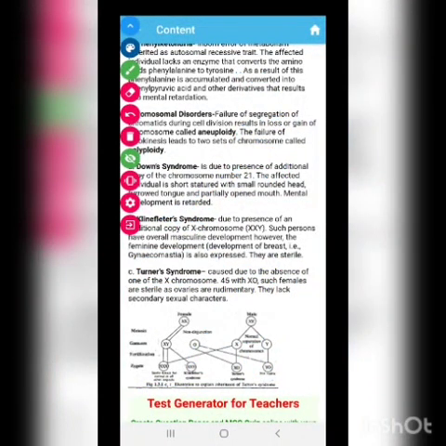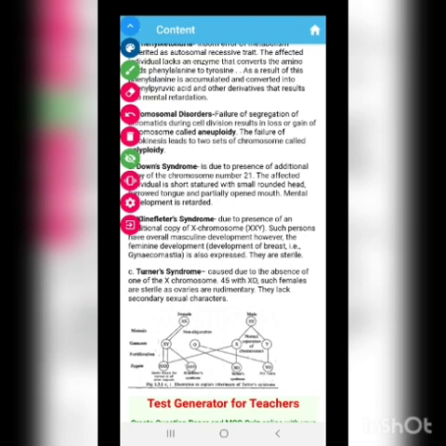They have only one X copy, and on the other side of the 23rd there is nothing present. Such individuals are females, and they are sterile because their ovary is rudimentary, and they lack secondary sexual characters also. They are unable to produce any child.